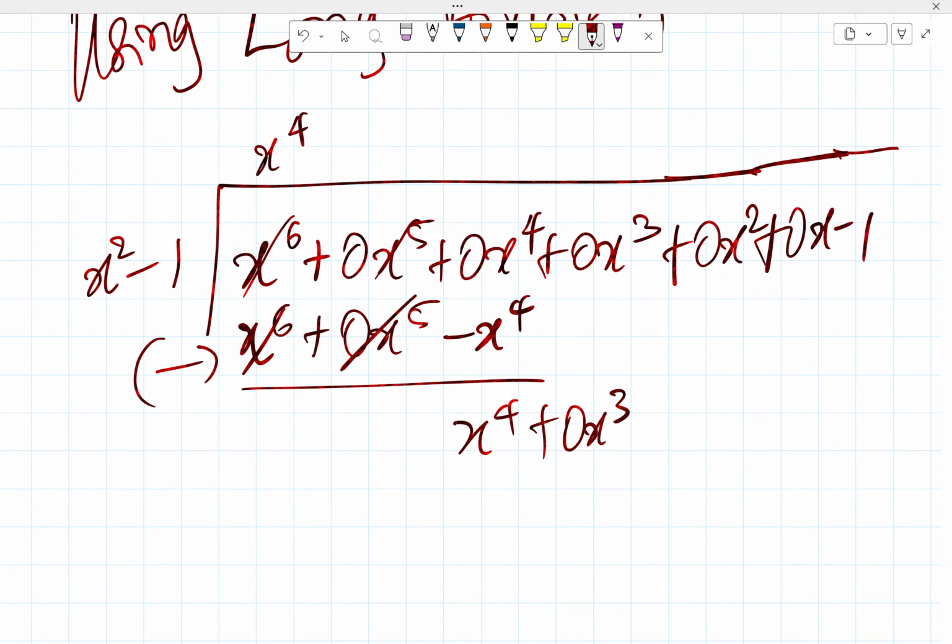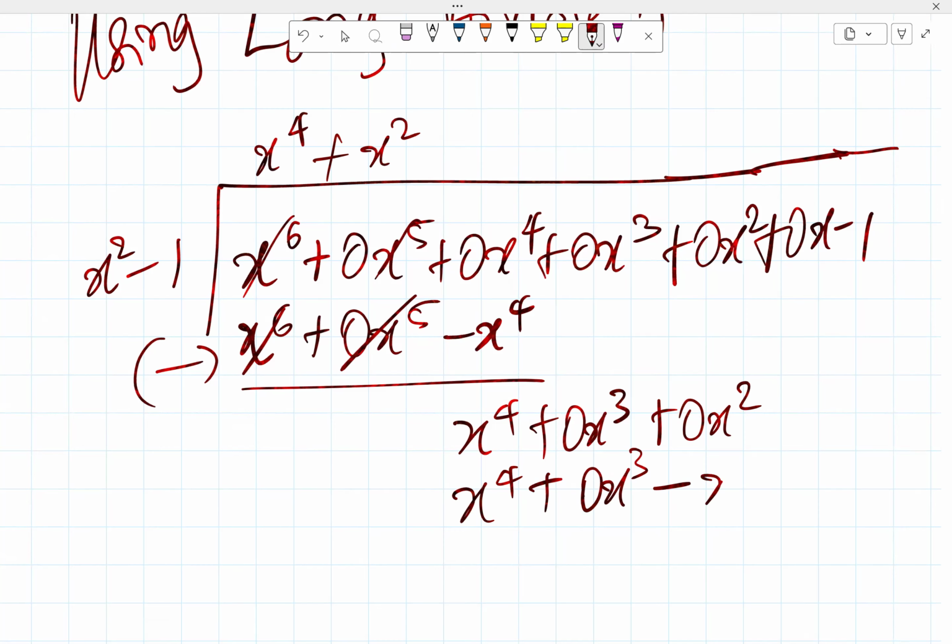So x raised to power 2 in x raised to power 4, that'll be another x raised to power 2. So x raised to power 2 times x raised to power 2 is x raised to power 4. Then x raised to power 2 times minus 1 is minus x squared. We need to bring down this 0x squared too. It doesn't have x cubed, so we just say 0x cubed. Then x squared times minus 1 is minus x squared again.